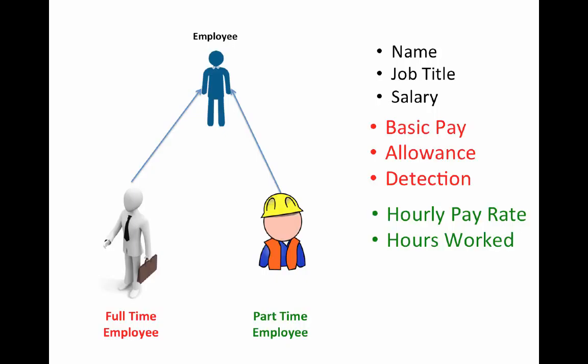So instead of calculating the salary with the basic pay, allowance and deduction, we would calculate the salary of a part-time employee by multiplying the hours worked with the rate per hour.